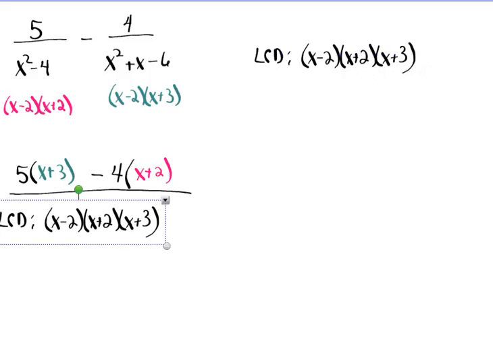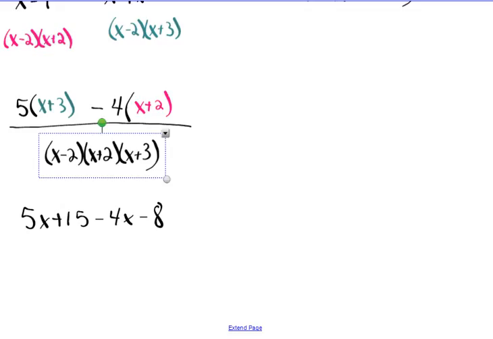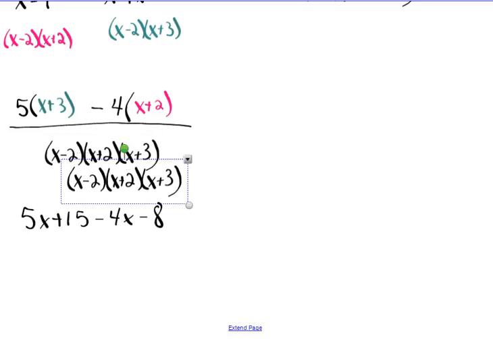Let's get rid of the words LCD. I don't need those here. Okay, I'm going to simplify my numerator. So I have 5x plus 15 minus 4x minus 8. So this, again, is all over my least common denominator.